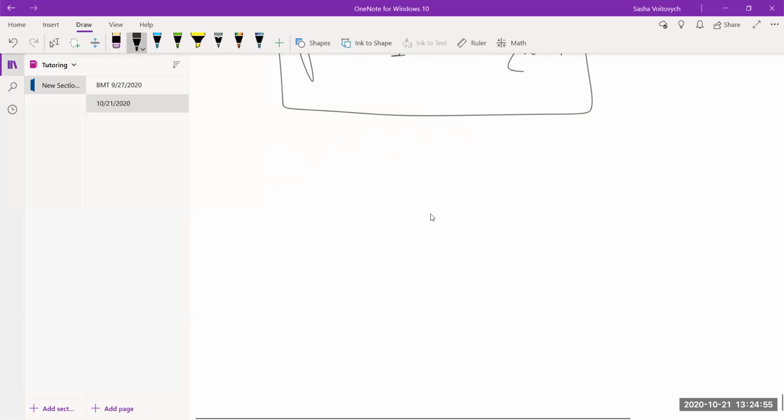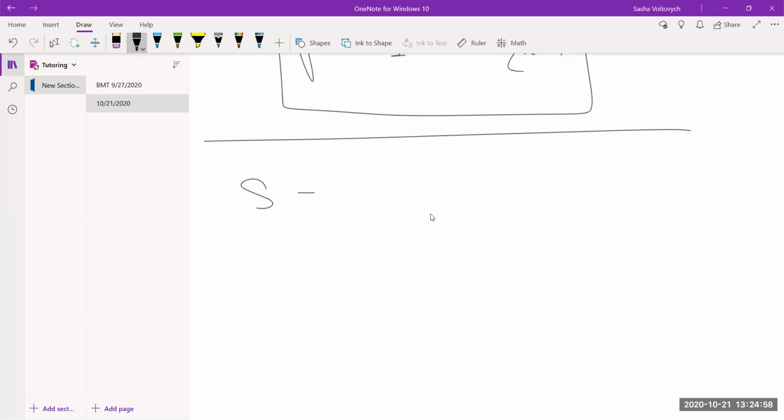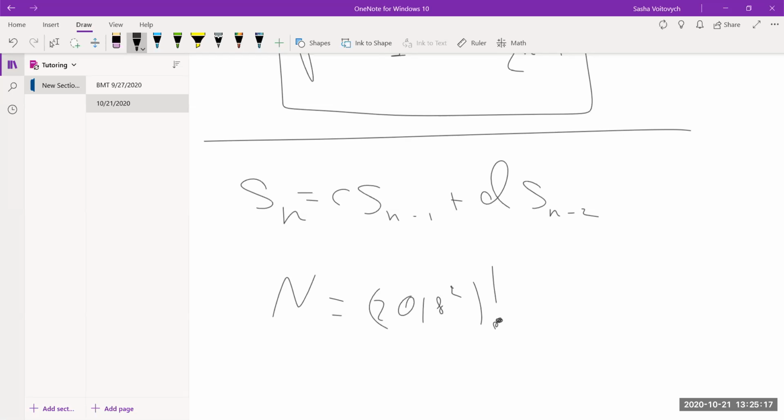So we know that Sn is equal to C Sn minus 1 plus D Sn minus 2. So then n is given. The exact expression probably doesn't really matter. It just matters that it is very, very big.